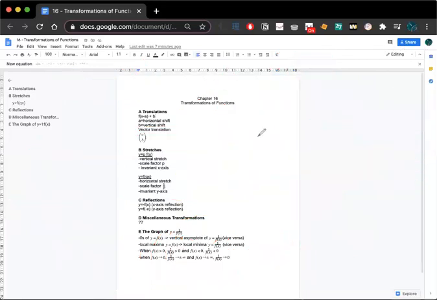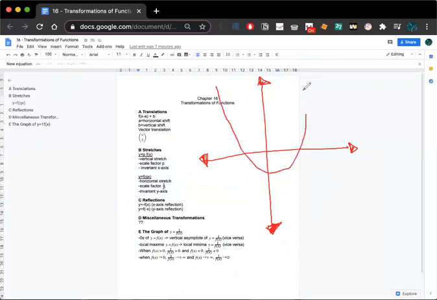Okay. So after translations, we have stretches. Like the horizontal and vertical shifts we just had, we also have vertical and horizontal stretches. Let's take the example of a quadratic equation. To make it easier, let's just say we have y equals x squared.